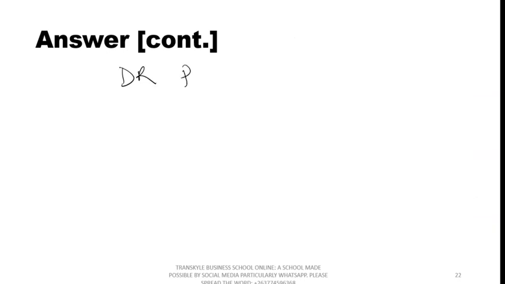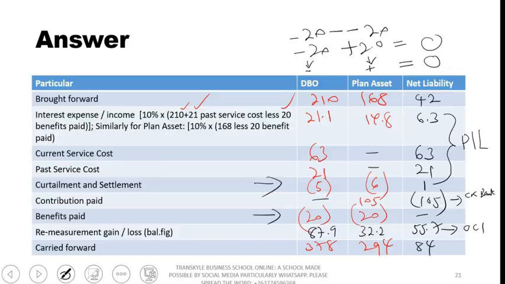We're going to debit profit or loss with 91.3. 91.3 is those first four figures: 6.3 plus 63 plus 21 plus 1.